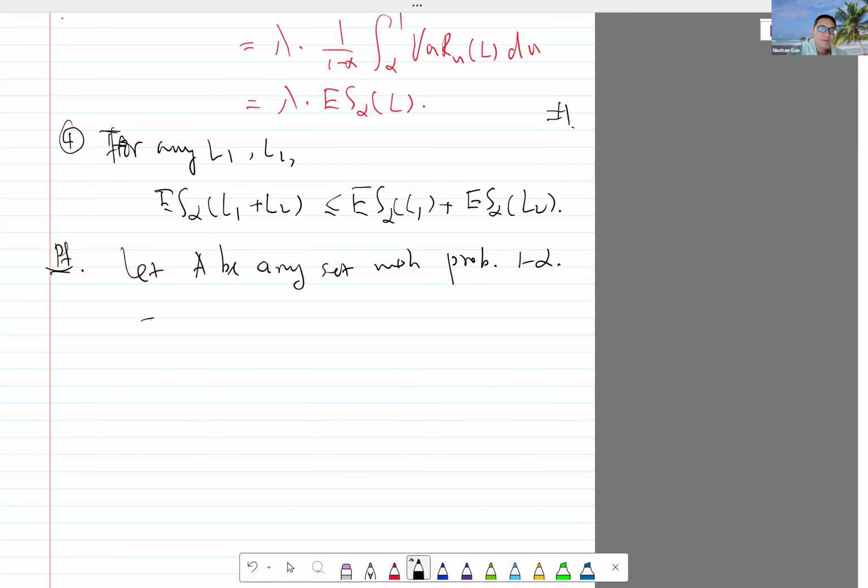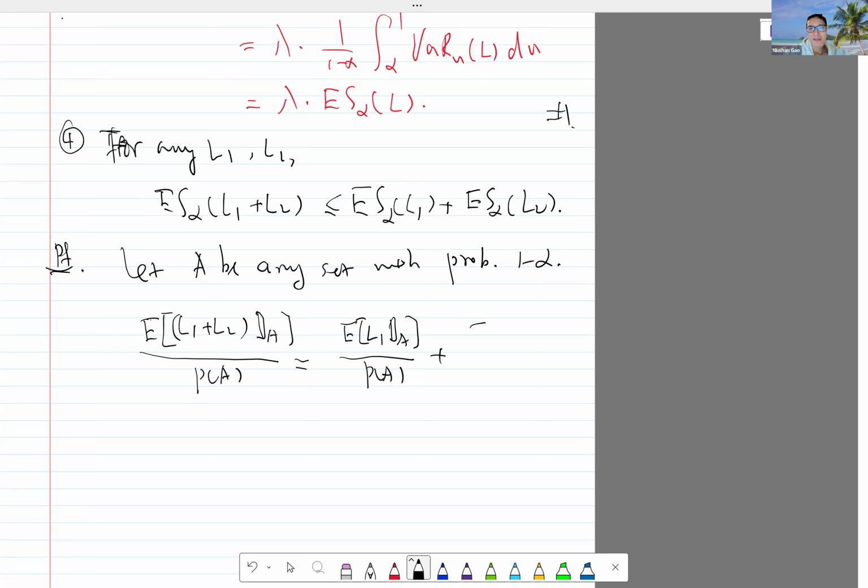Then we have expectation of L1 plus L2, right? You consider the conditional expectation of this on A, which is defined this way, and it is equal to the conditional expectation of L1 over A plus the conditional expectation of L2 on A, right?